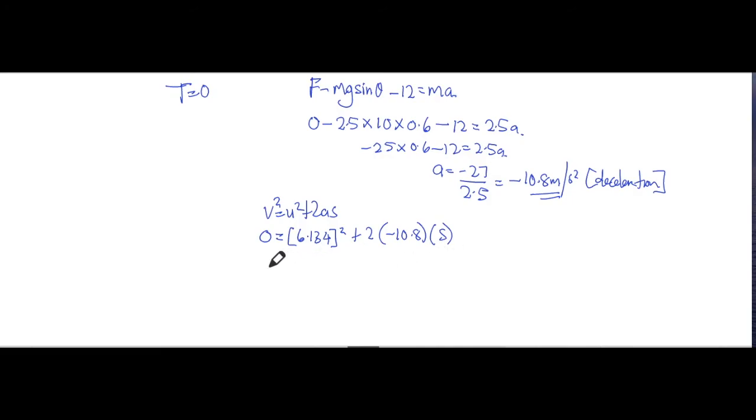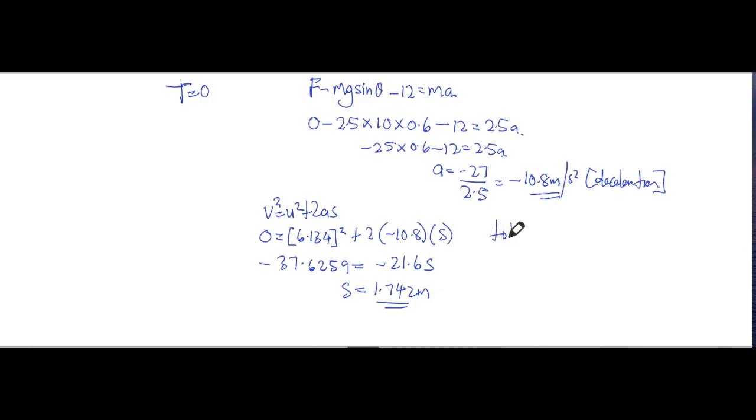From here we get negative 37.6259 equals negative 21.6s, so s equals 1.742 meters. So it has traveled another 1.742 meters before it stops. This is the distance traveled during deceleration.